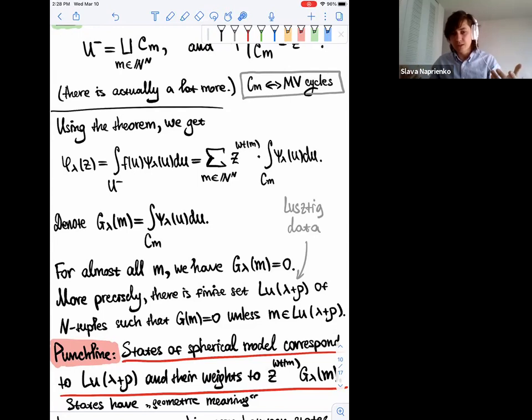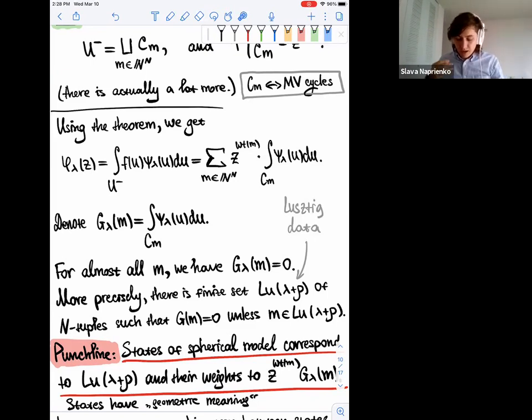We look at the things that give non-trivial contribution, and each of these geometric subvarieties of my unipotent radical corresponds exactly to the states in my spherical lattice model. Moreover, the values of the integral are exactly the weights of my states. And of course, if I sum them, I get the partition function. So this is the main punchline here of the spherical model, at least.